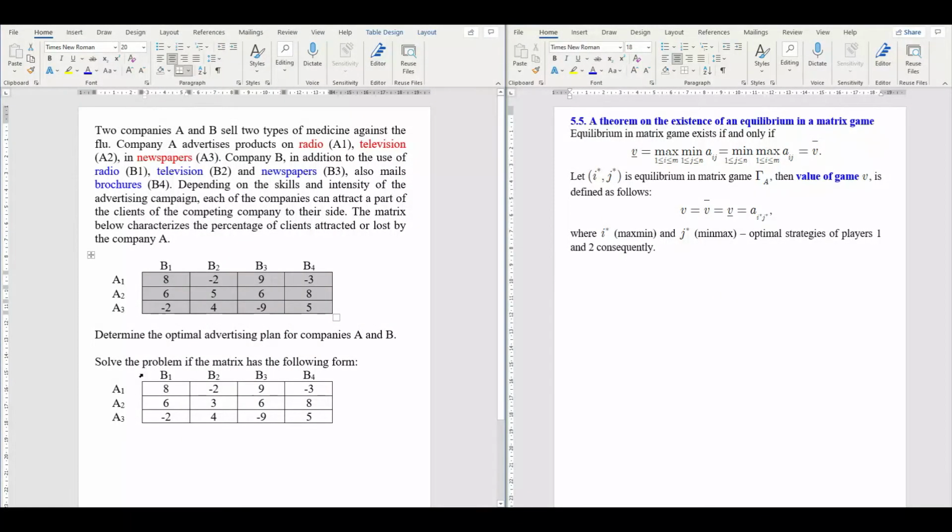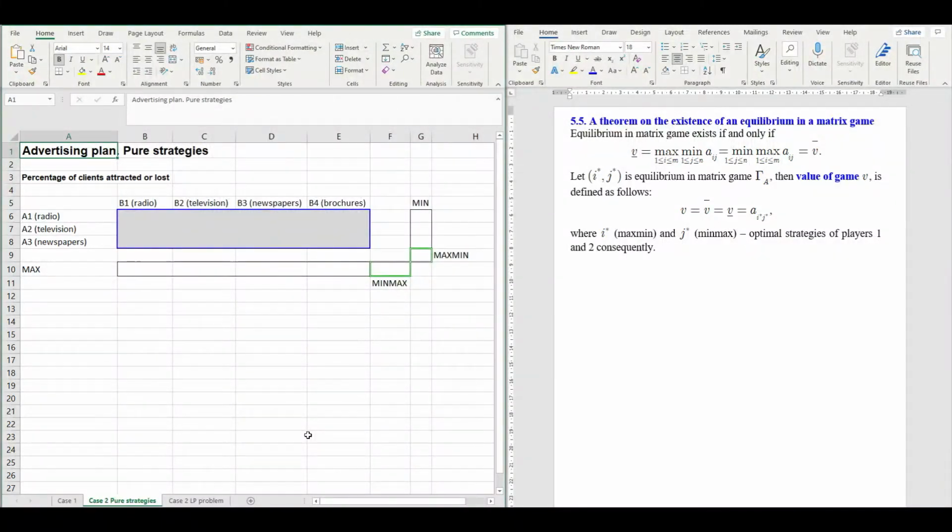Now, we should solve the problem if the matrix has the following form. For this reason, once again, we should check if the lower value of the game equals the upper value of the game. Let's copy this matrix and continue with Excel. We continue with the second sheet in Excel and we copy the matrix here.